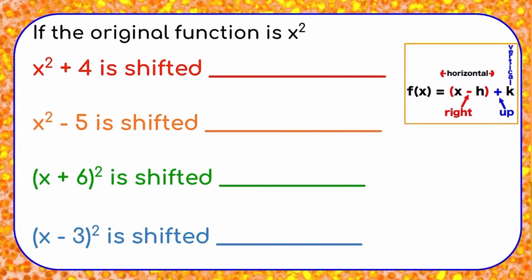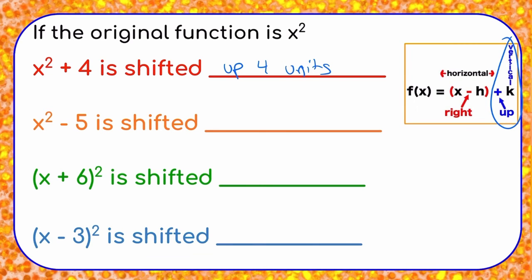So our first one, x squared plus 4. Would you say that plus 4 is inside parentheses or not inside parentheses? It's not inside, I don't even see parentheses, so definitely nothing to do with parentheses. So that means I am talking about a vertical shift. If there's a plus sign, it's up. So I'm going to say up 4 units.